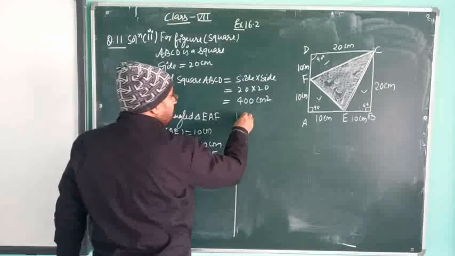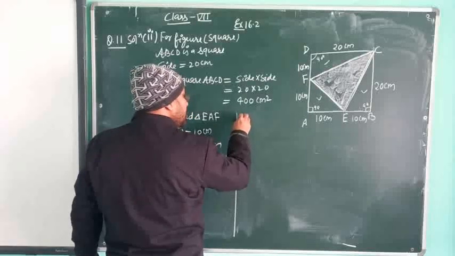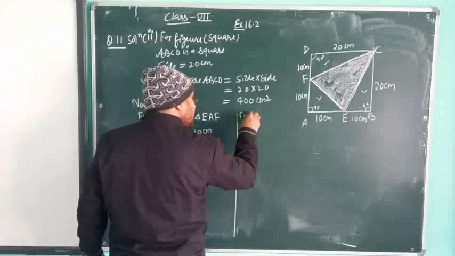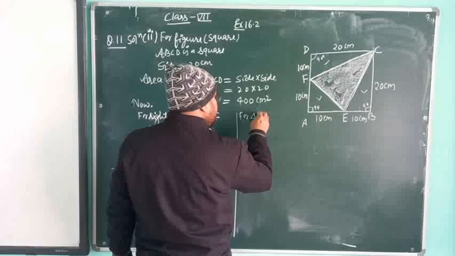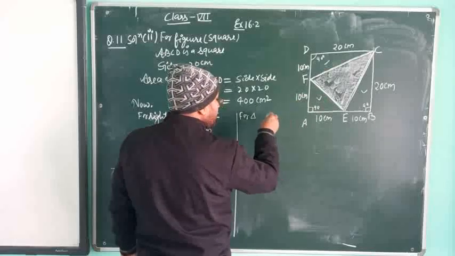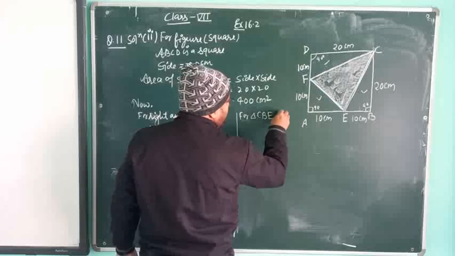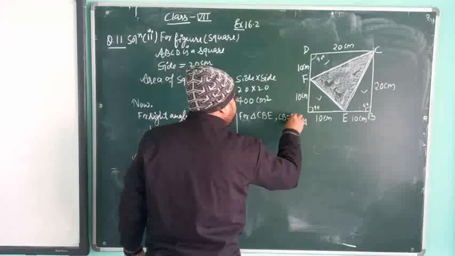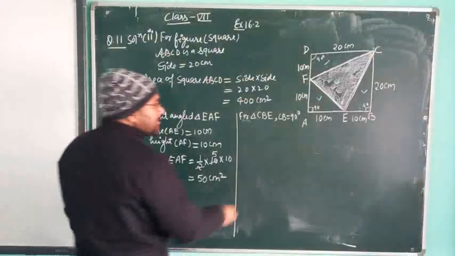Similarly, the area of triangle EBC or CBE, angle B is equal to 90 degree.